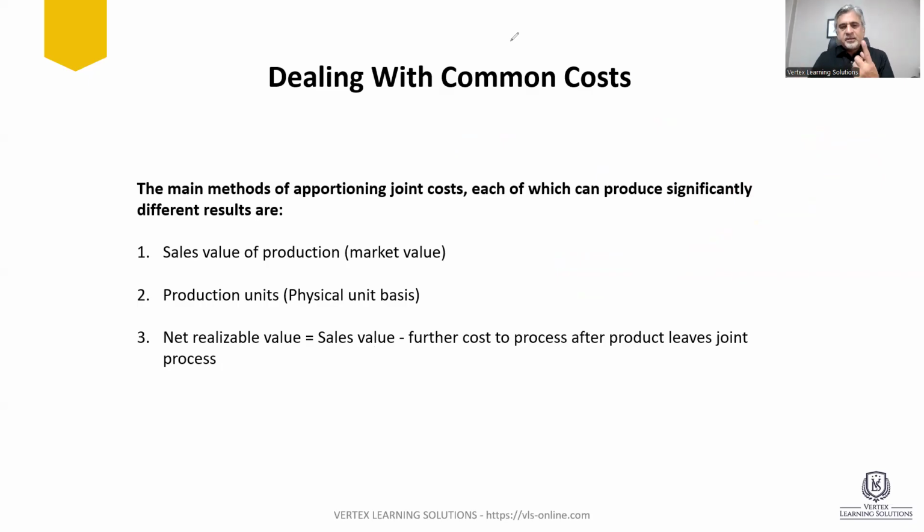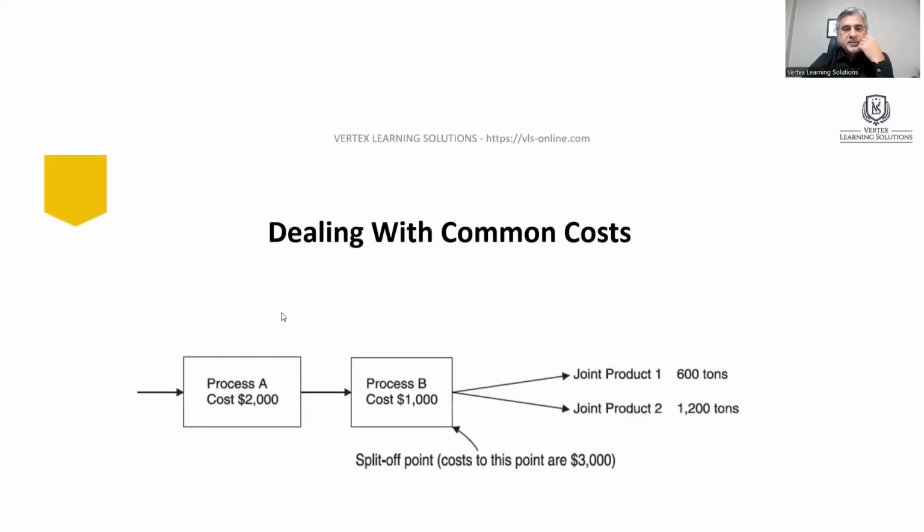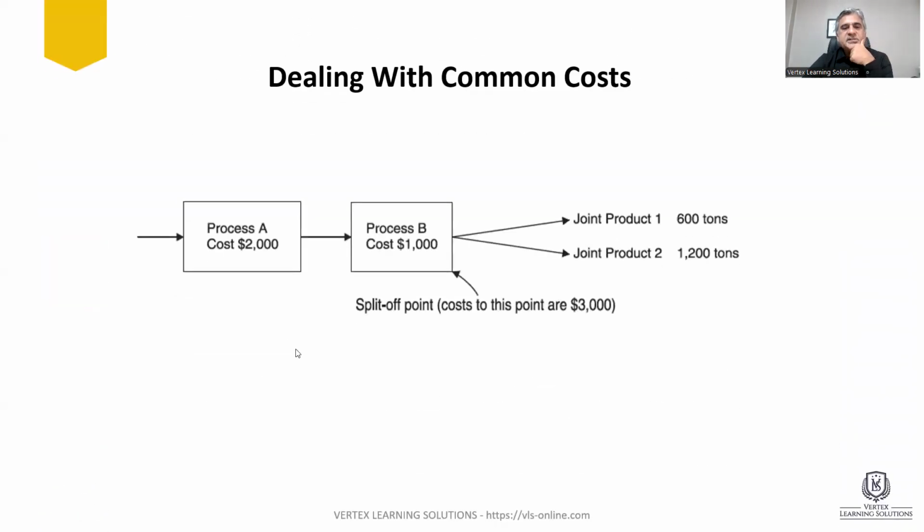Method number 1, sales value or production market value, is something we are actually looking at. So let's take some examples with numbers, and we'll see the physical unit method first. Let's suppose this is dealing with common cost. You've got process A, you spend $2,000, then it goes to process B, you spend $1,000.